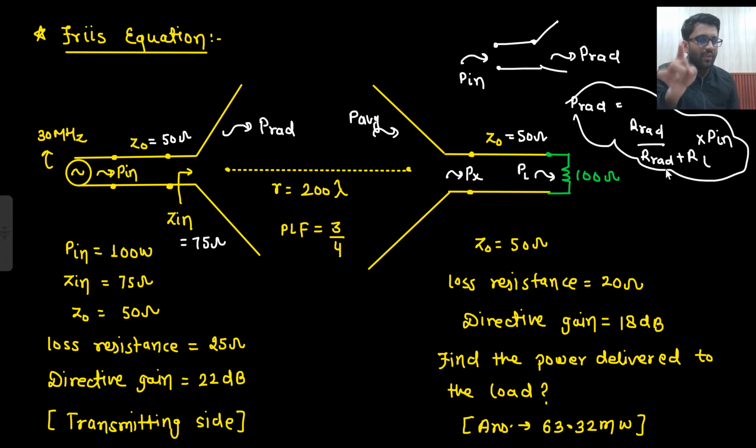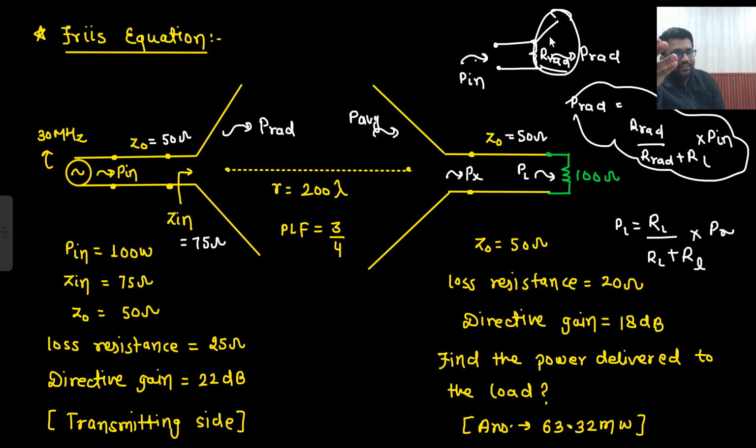At that time, the explanation was that I replace the antenna with R radiated. So from Px to PL, my PL would be equal to this load resistance RL upon this load resistance plus the loss resistance, into Px. Say yes or no.